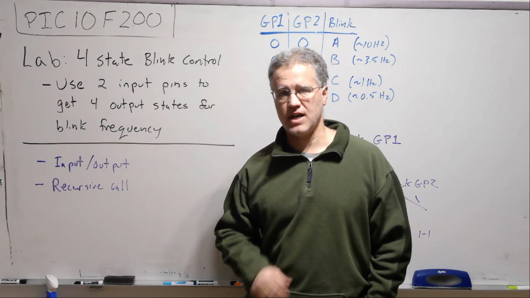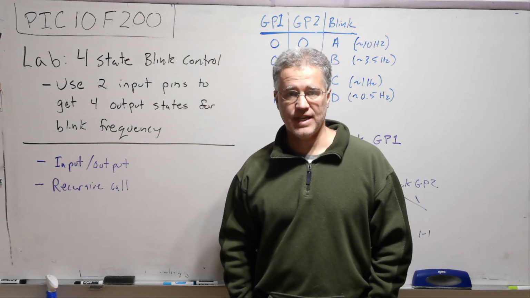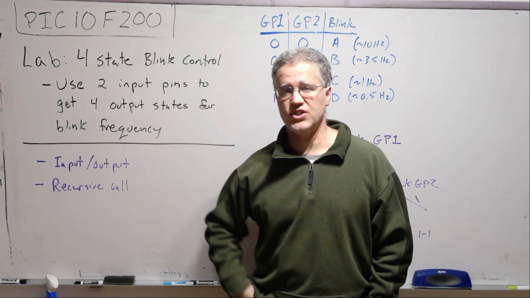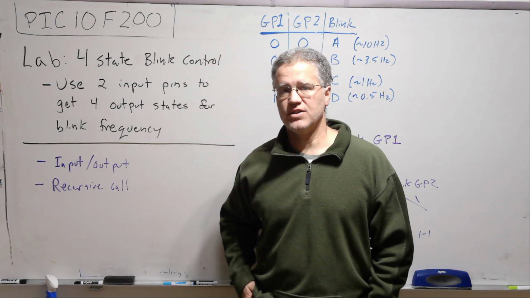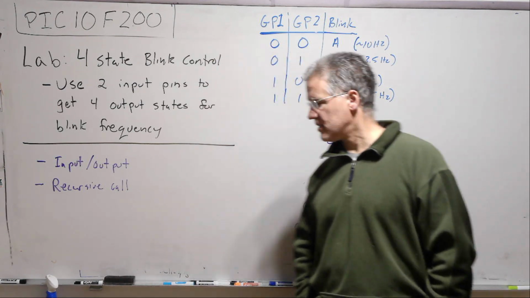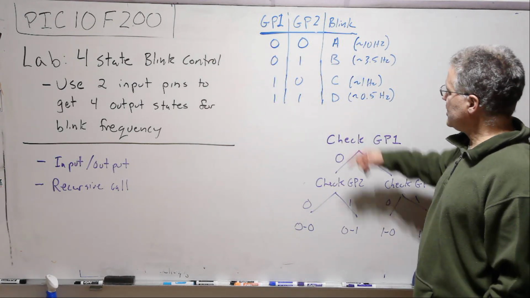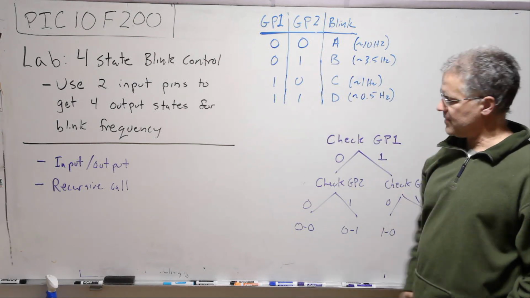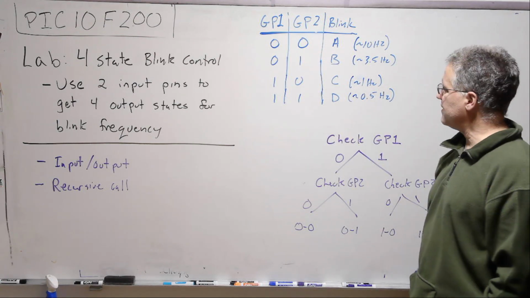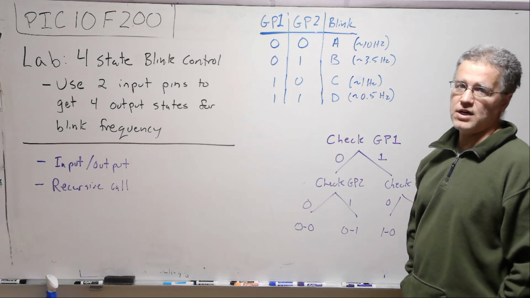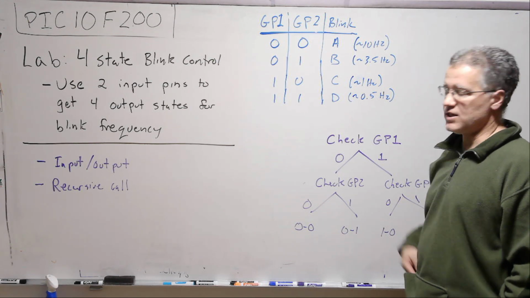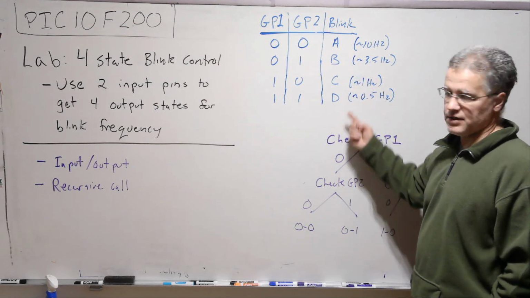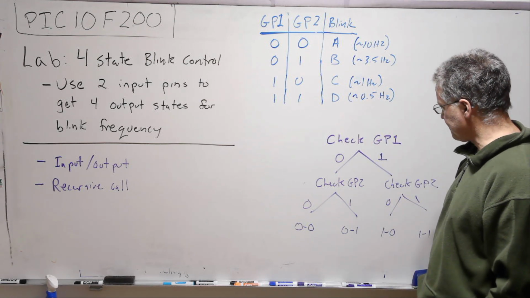We've had the lab on the blinker and seen how the delay works, and changing that value gives us different blink rates, and that's what we're going to do here. Each one of these different inputs is going to correspond to writing a different value to memory that we will then call to set the frequency for the output.